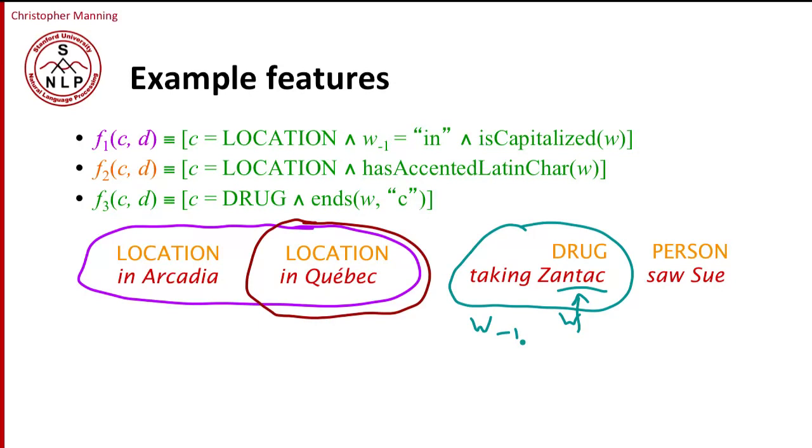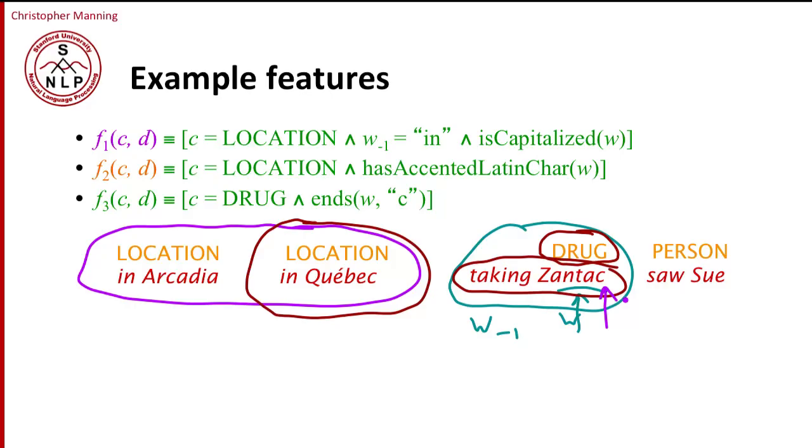Then our feature will ask some question about the class, is it a drug, and some question about the words, where normally it won't ask for the complete sequence of words, but might ask for features of them, like an individual word or something in between, like in this example where we're just looking at whether the word ends in the letter C.